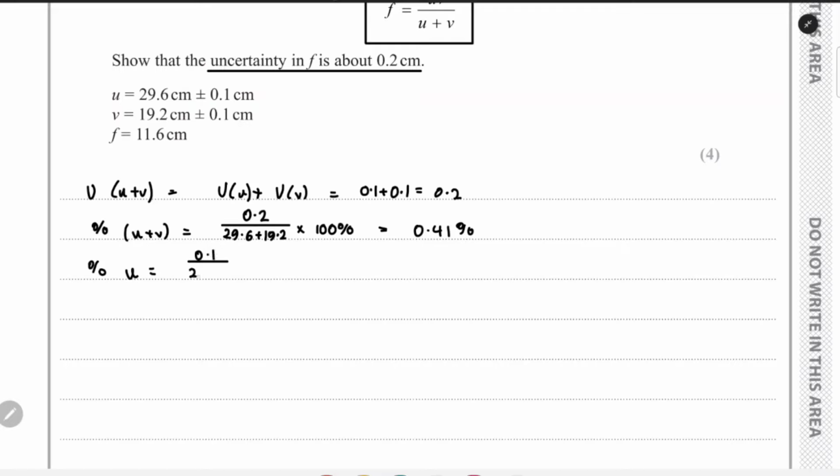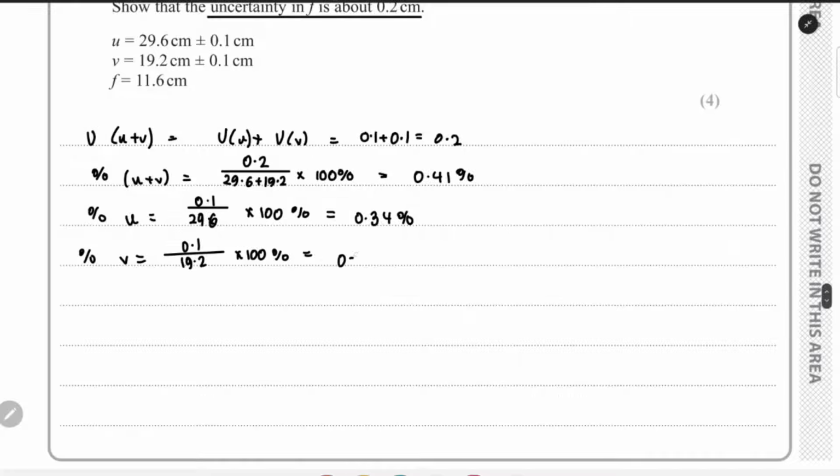Now the percentage uncertainty in u would be 0.1 by 29.6 times 100%. This would be 0.34%, and the percentage uncertainty in v would be 0.1 by 19.2 times 100%. This would be 0.52%.